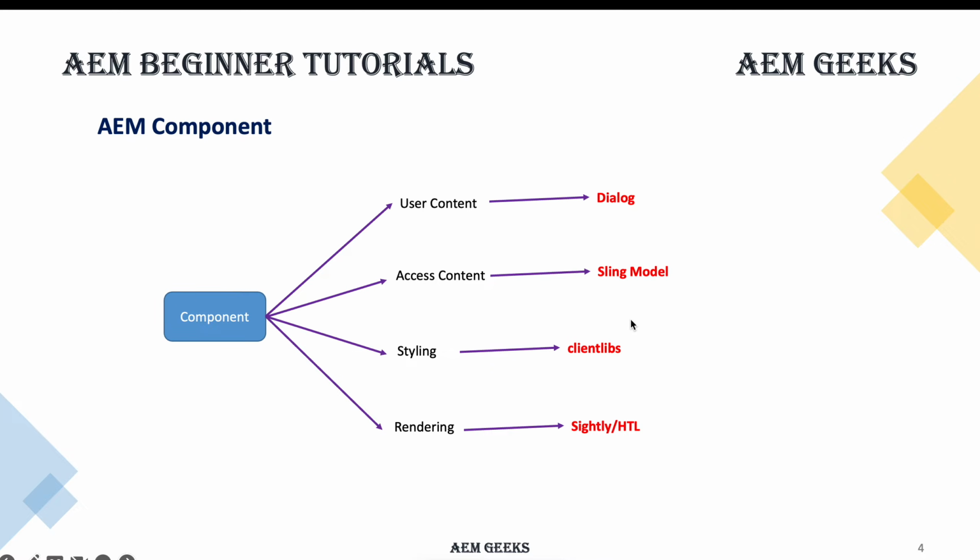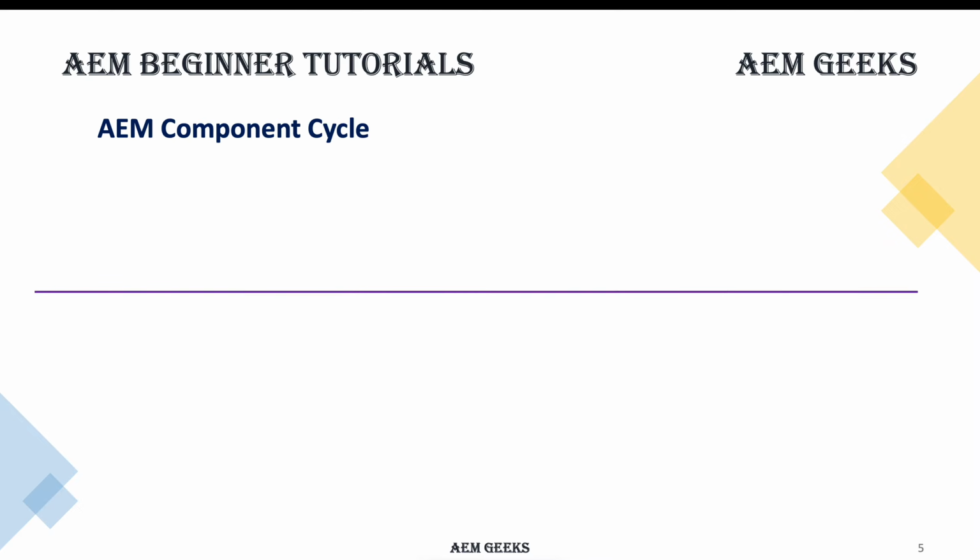Now let's see how it actually works, how the life cycle works. First you drag and drop the component over the page. As soon as you drag and drop the component, a node is created inside JCR. Every time you drag and drop a component, a node is created. Now you open the dialog and save your values, your content.